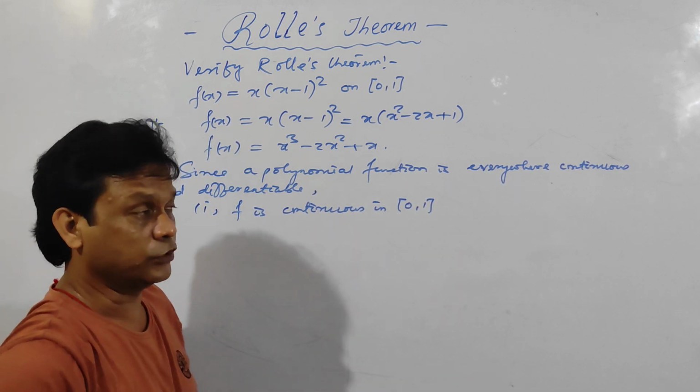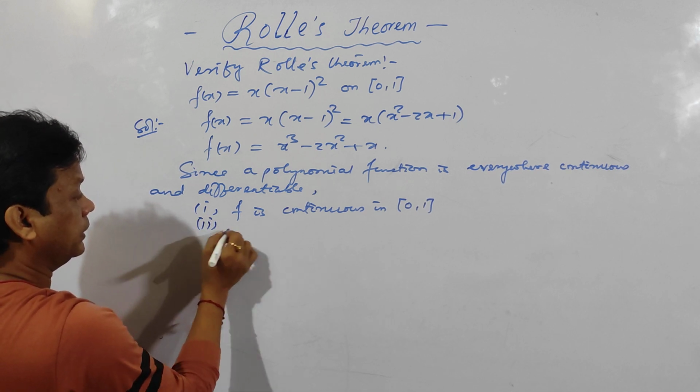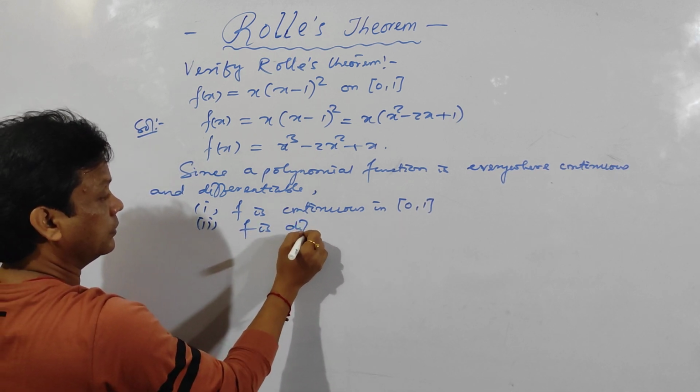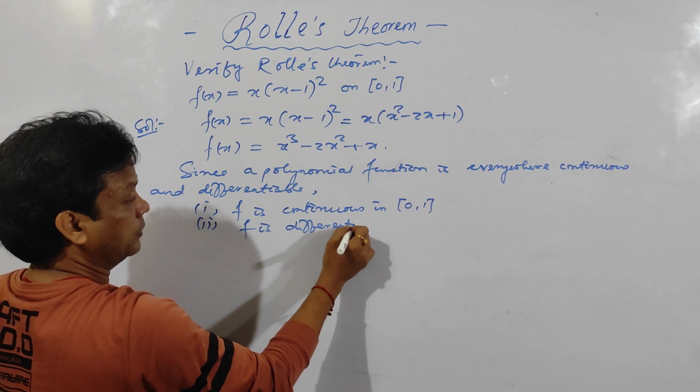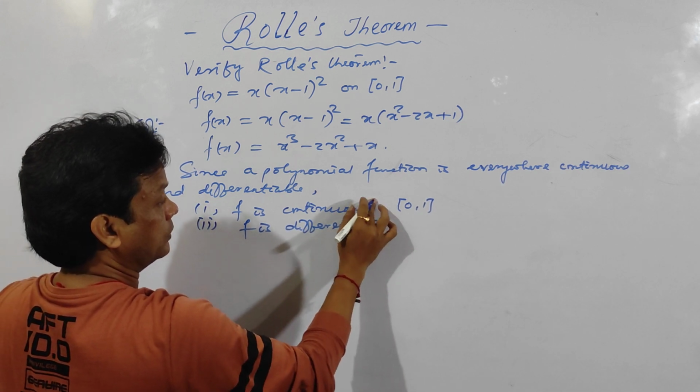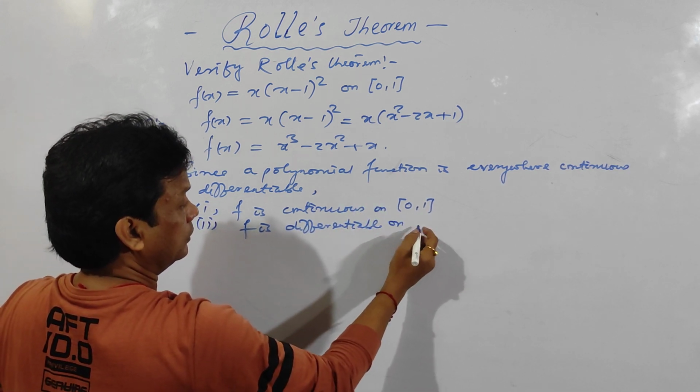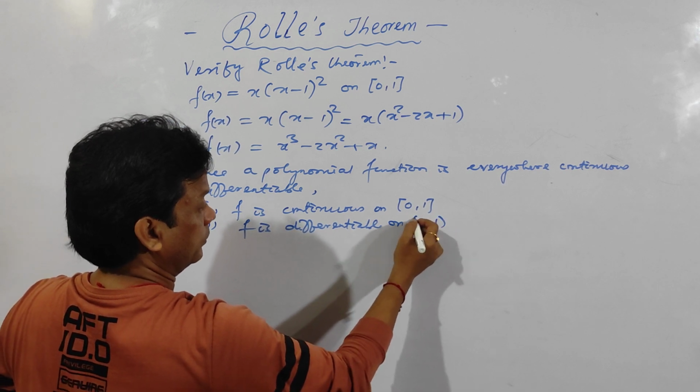Clear? The first point is over. Then the second point, f is differentiable on the open interval 0, 1.